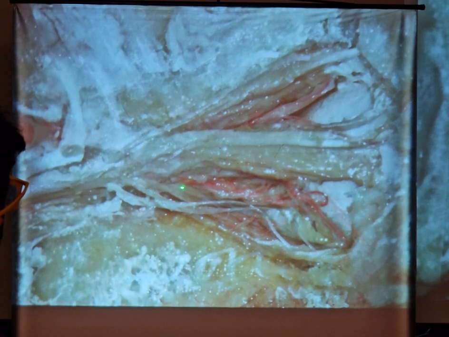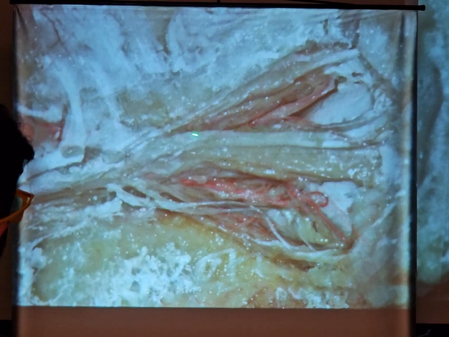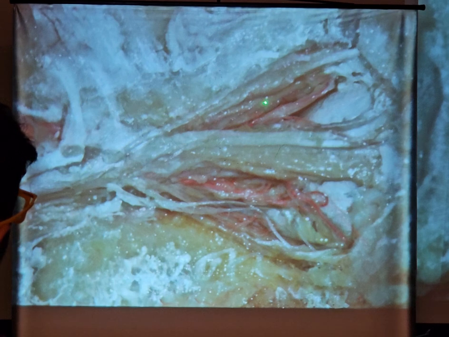Laterally, we have the sixth nerve, reaching the lateral rectus muscle, and the lacrimal nerve, ending in the lacrimal bone. Medially, the trochlear nerve, reaching the superior oblique muscle, and just under, the medial rectus muscle.